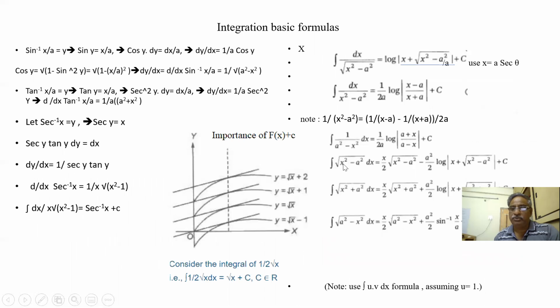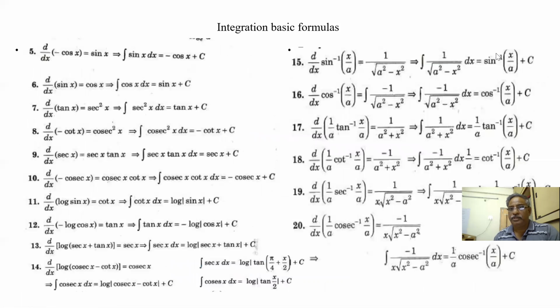So if it is minus under the root, I can use cos. Here it is a square minus x square, so 1 minus sin square theta is cos square theta. If it is x square minus a square, I have to use cosh.